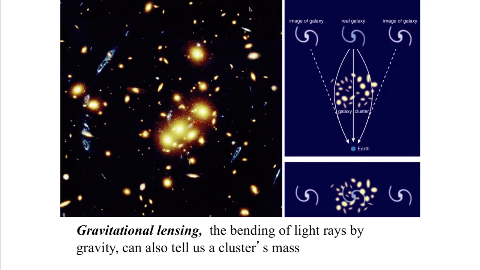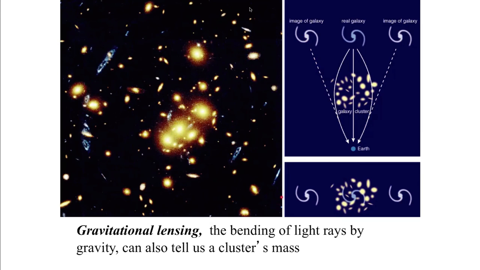And that galaxy is actually physically located maybe there in real space, but we're seeing multiple images of it because the light from that galaxy is getting bent in a certain way and being redirected towards us in different directions. And so from the Earth, it looks like this galaxy is both there and there and there.